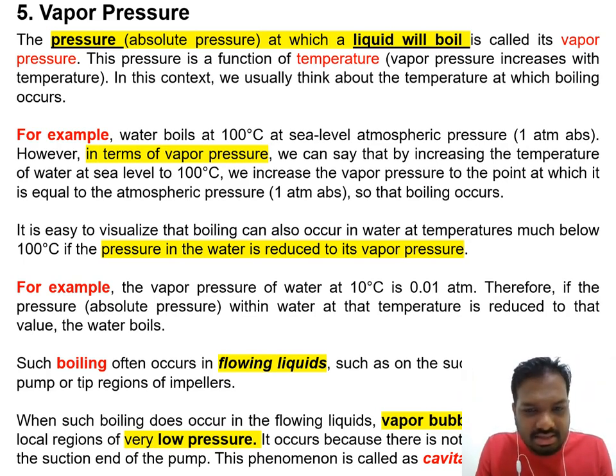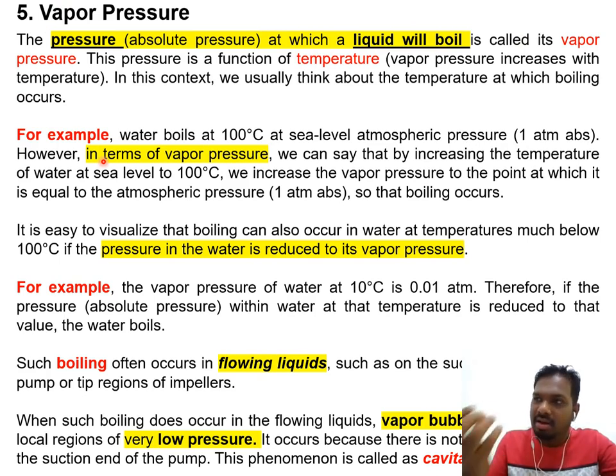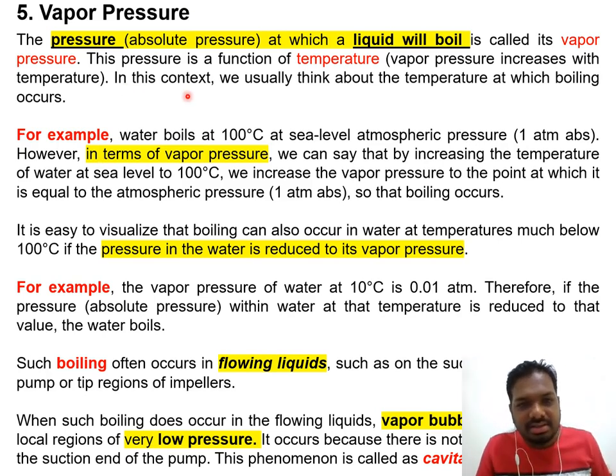Okay, so we will see some explanation here. The pressure, which we normally call absolute pressure, at which a liquid will boil is called the vapor pressure. Even for water, you have a boiling temperature, and the boiling temperature is actually related to pressure. The pressure is a function of temperature.